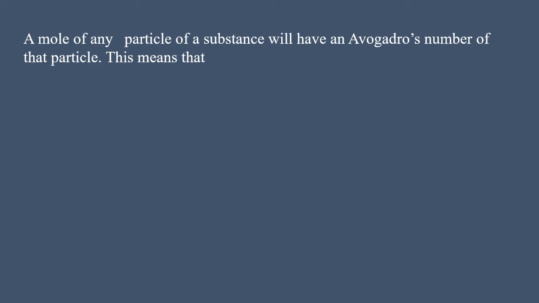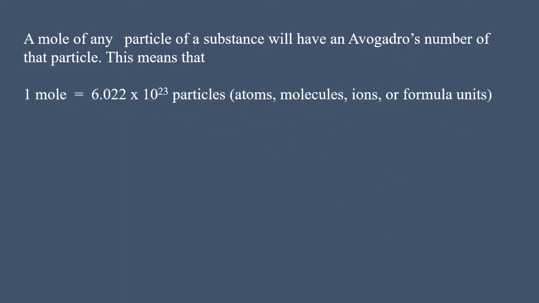A mole of any particle of substance will have an Avogadro's number of that particle. This means that 1 mole is equal to 6.022 times 10 to the positive 23 particles. Particles can be atoms, molecules, ions, or formula units. 1 mole of gold is equal to 6.022 times 10 to the 23rd gold atoms.